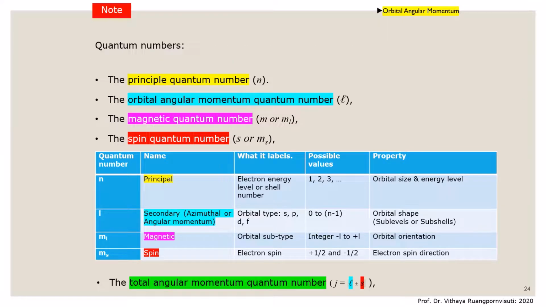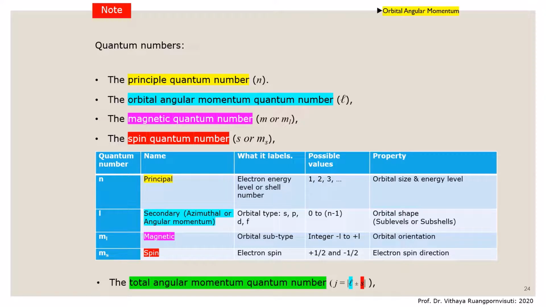As we learned, the orbital angular momentum quantum numbers and related quantum numbers are as follows. The first is the principal quantum number, denoted by small n.